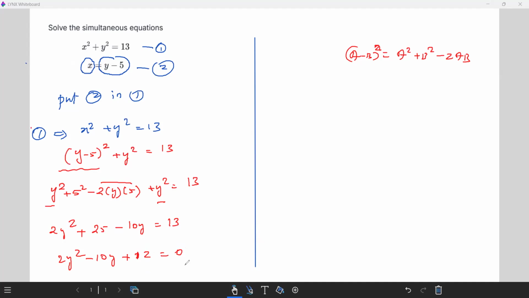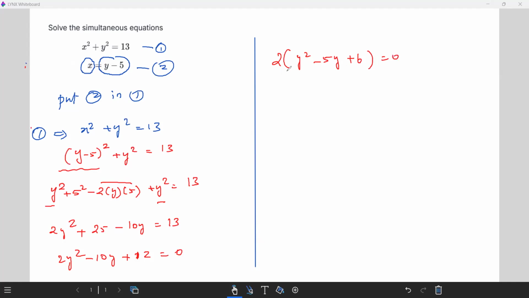Now I'm looking at a quadratic equation, 2y squared minus 10y plus 12 equals 0. I see 2 is common in all the terms. So I'm going to take 2 out from all the terms, so that inside the bracket will be y squared minus 5y plus 6 equals 0.